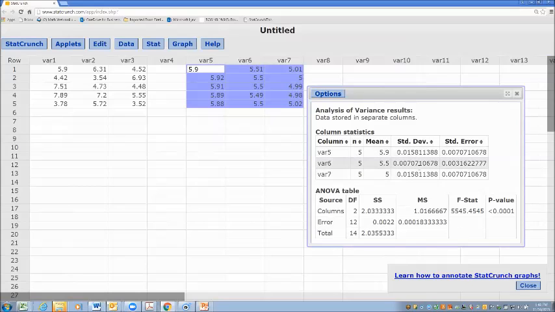But you can also see that the F statistic is very large with a p-value that is very small. And so we have very strong evidence that the means here are different from each other.